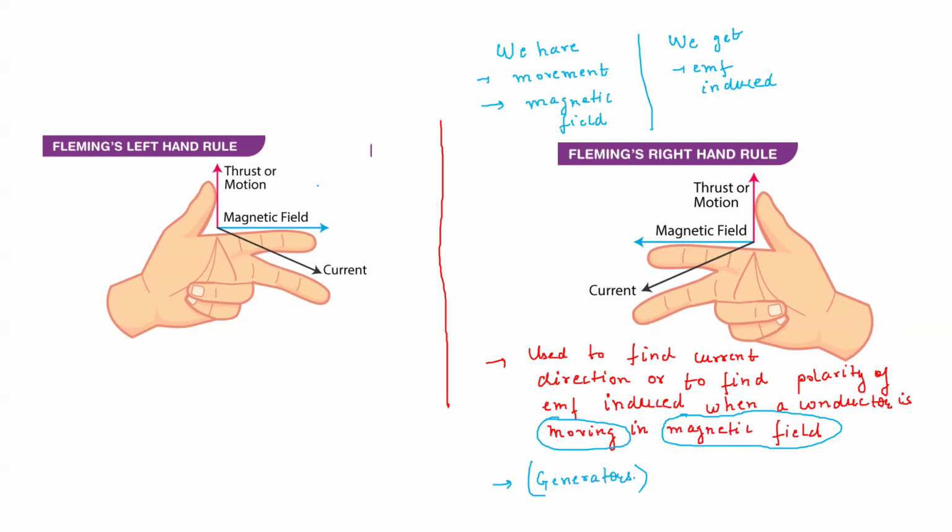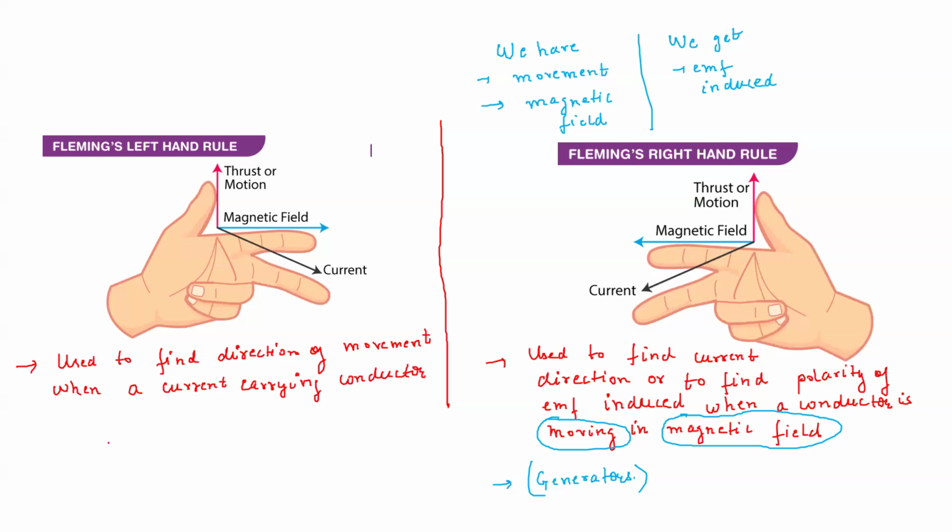Now coming to Fleming's left hand rule. In Fleming's left hand rule, let me write, it is used to find the direction of movement when a current carrying conductor is placed in a magnetic field.